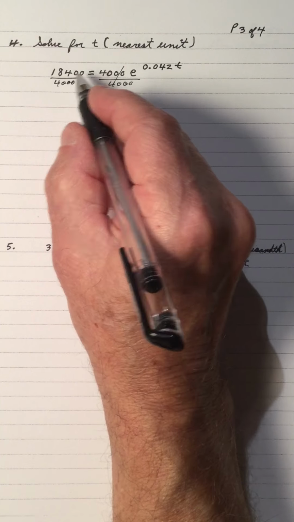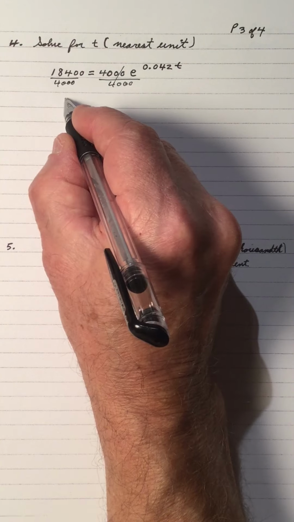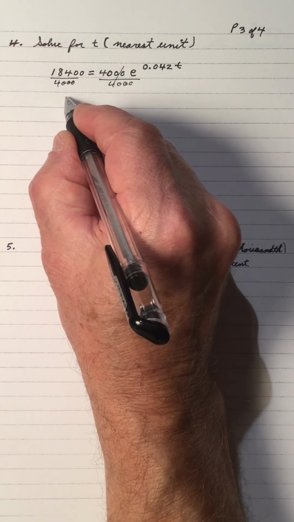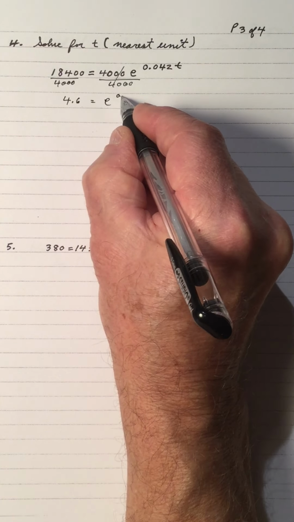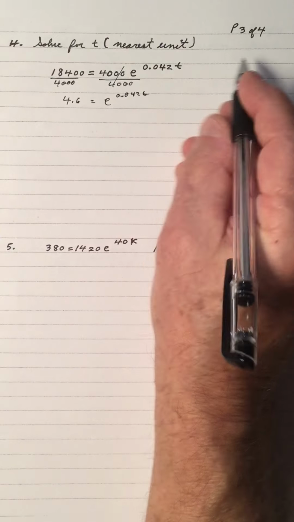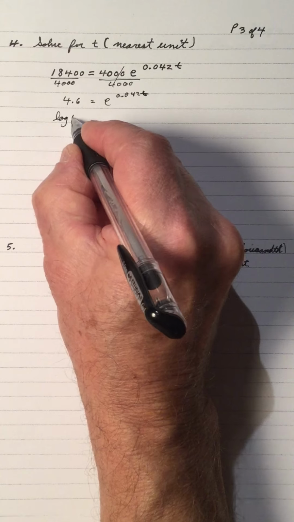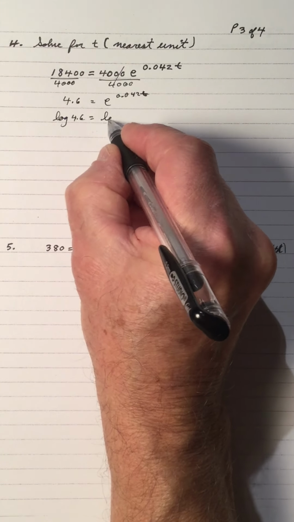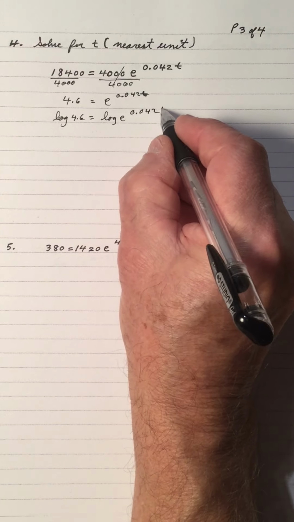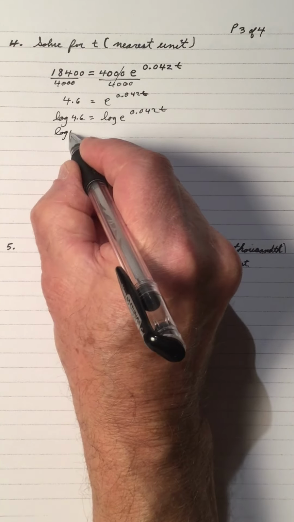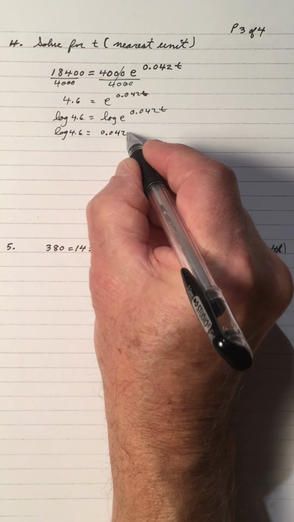If you take 18400 and divide it by 4,000 with your calculator, you will get 4.6. And that's e to the 0.042 t. Now notice t is up in the exponent, so I'm taking the log of each side. The reason you do the log is to have the exponent come down in front by the power rule.